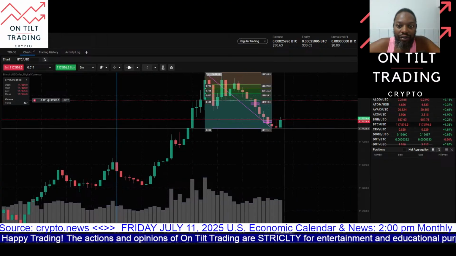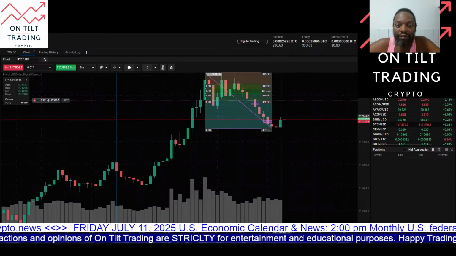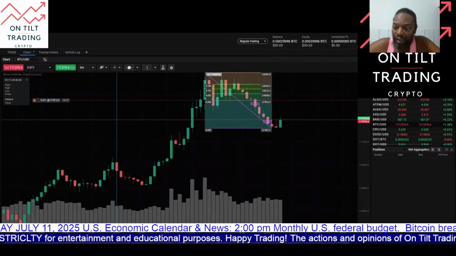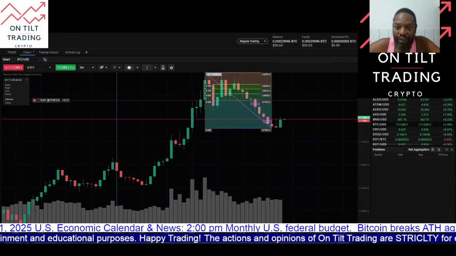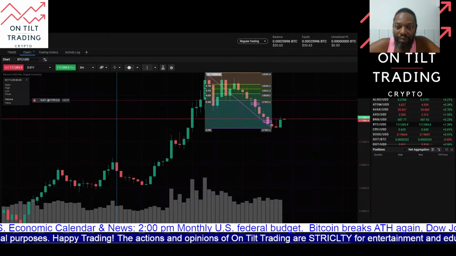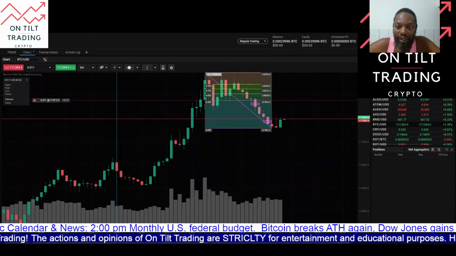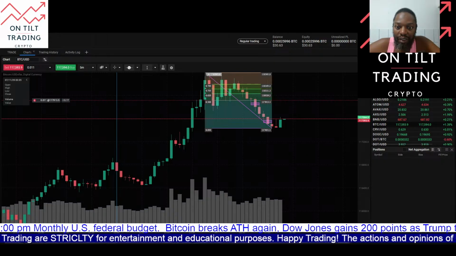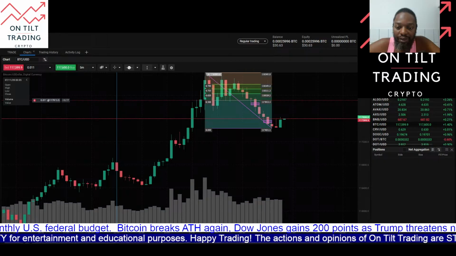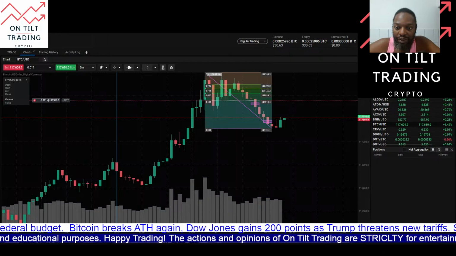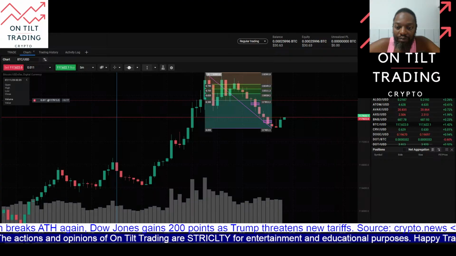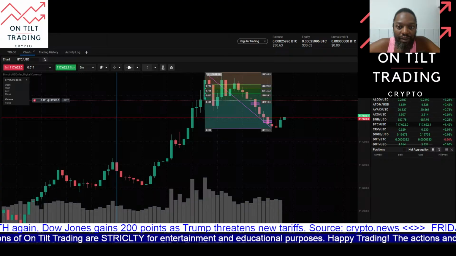So right now, looking at a pullback potentially to that equilibrium level, and anticipating price to pull back to this level, and then price be delivered to the sell side again, sweeping this liquidity here, potentially continuing here, or potentially pulling back again here.